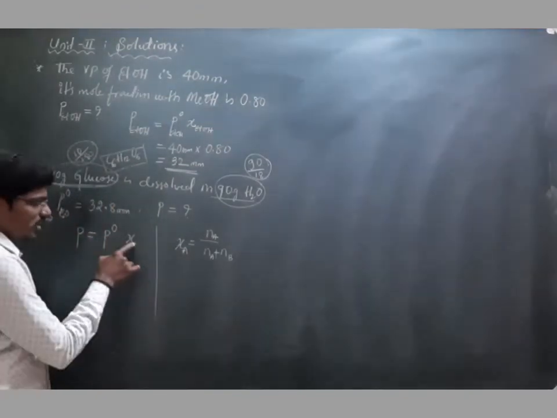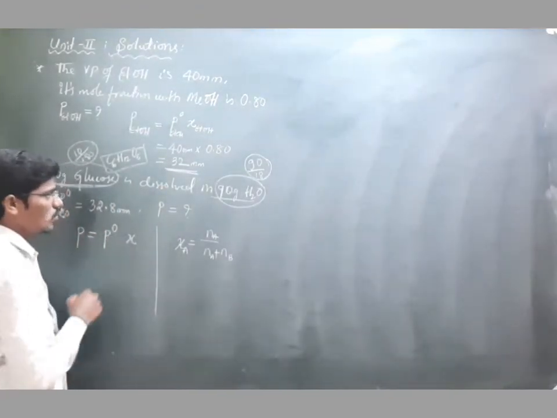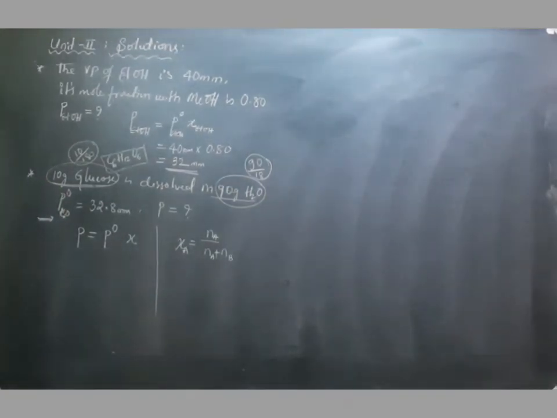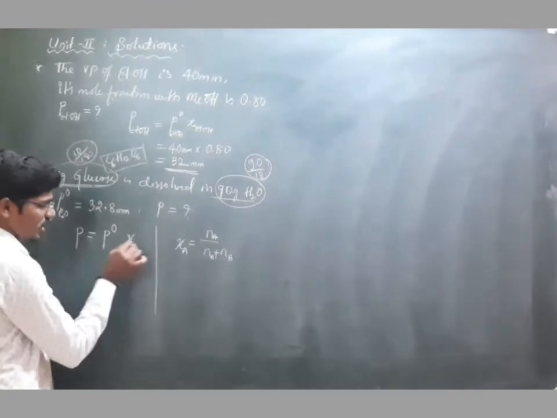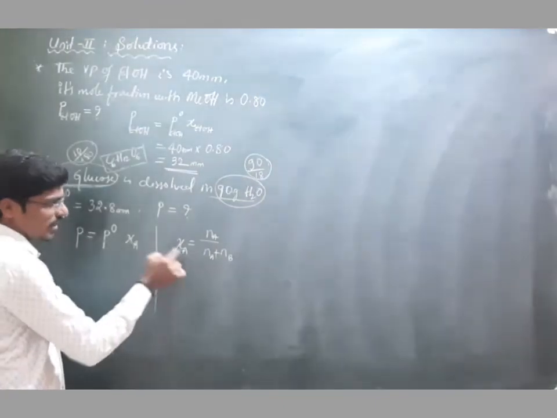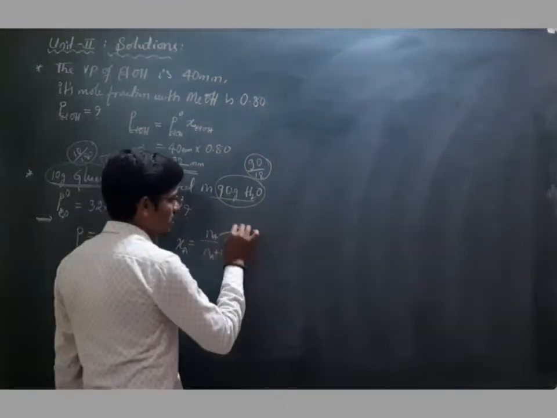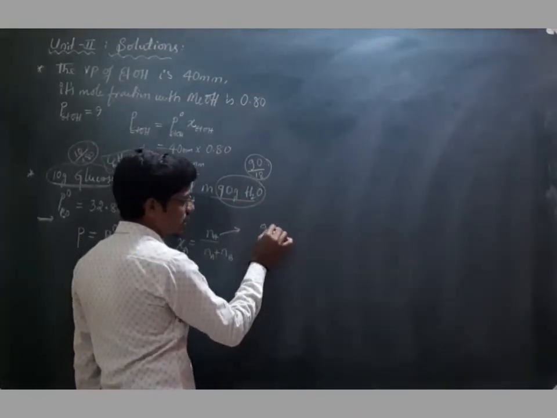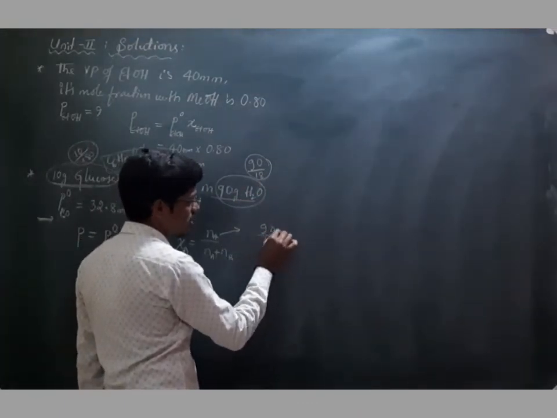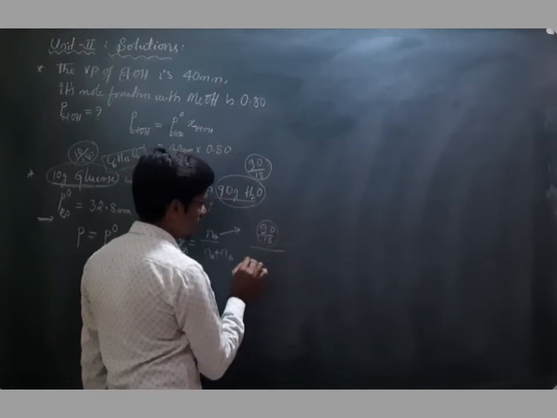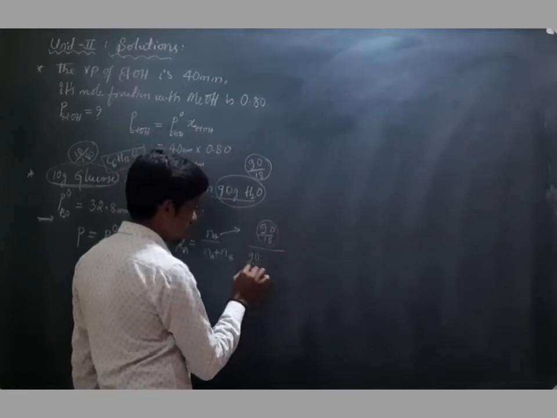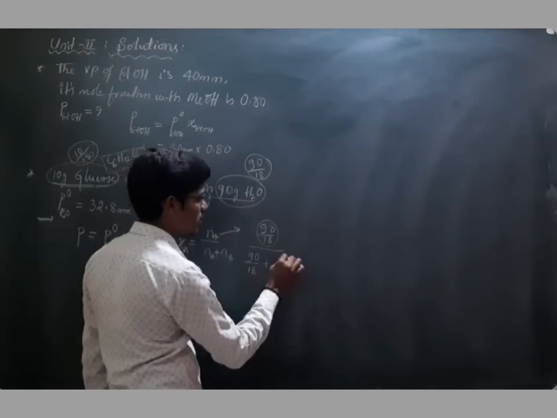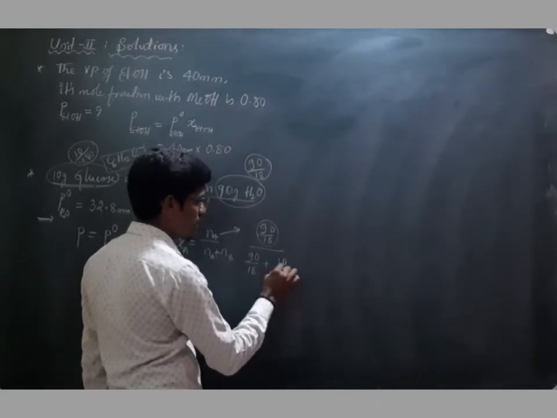So it is P naught of solvent into its mole fraction, P is equal to P naught into X of A. So Na, that is solvent, is 90 by 18, that is 5, divided by 5 plus Nb, solute, 10 divided by 180.